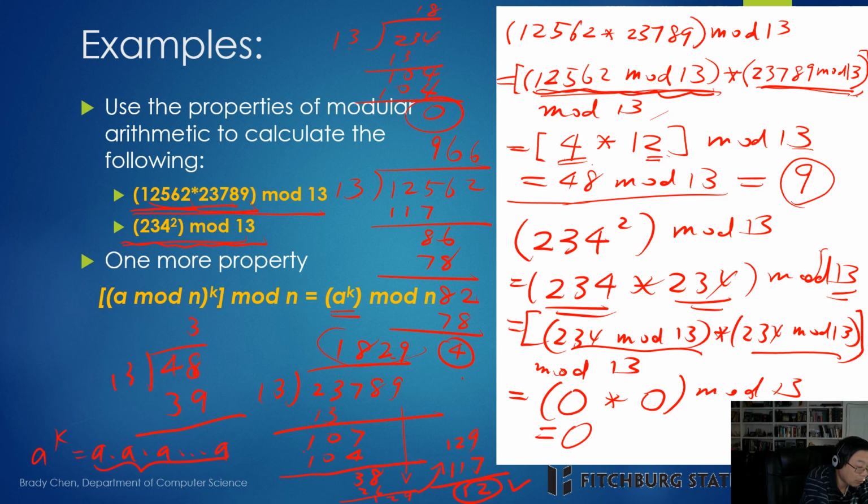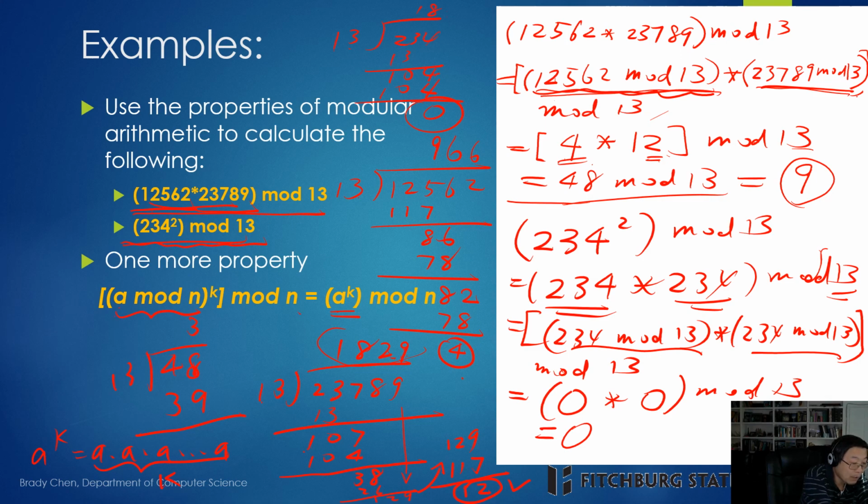You actually multiply k times, right? Mod n. Now, if a is bigger than n, then we can do a mod n first, and then put the power k and then mod n.